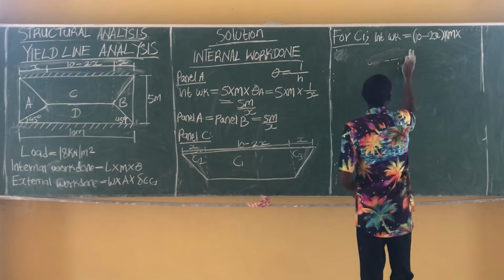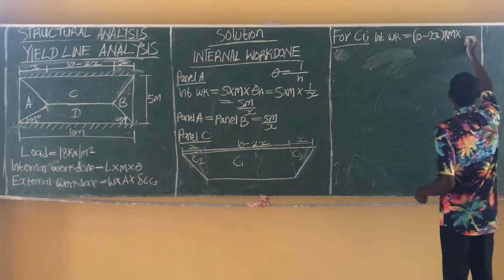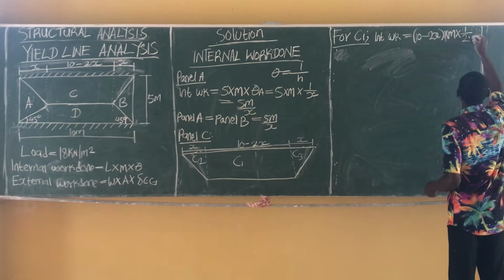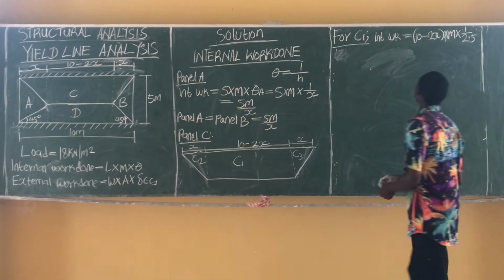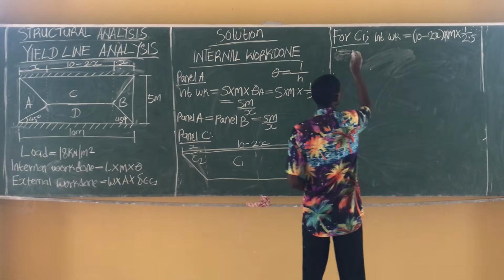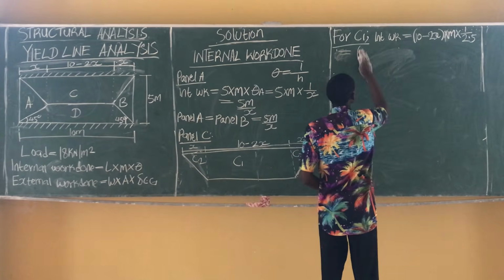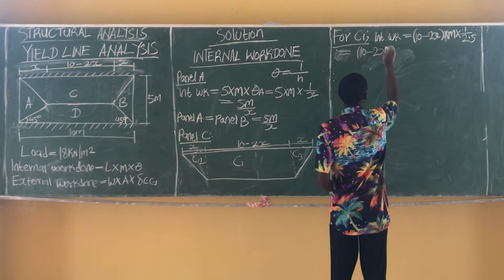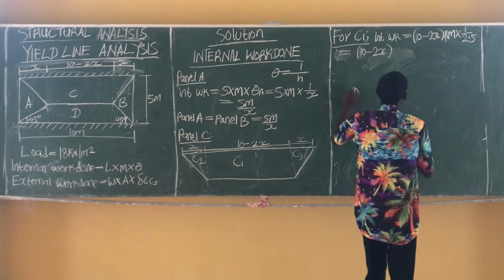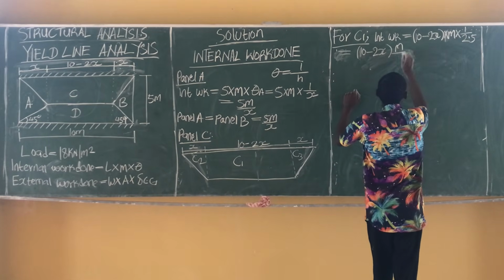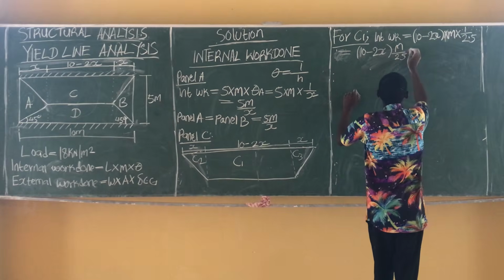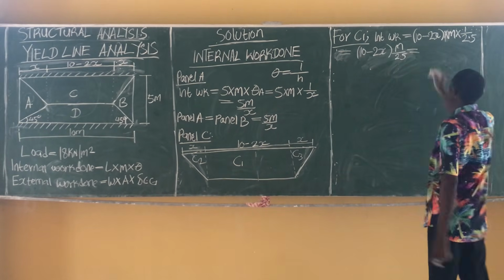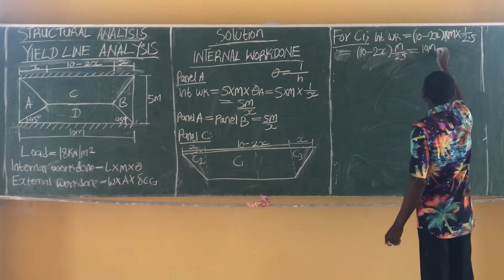So multiply by theta, and theta is 1 all over 2.5. So this is equal to 10 minus 2x, m all over 2.5.